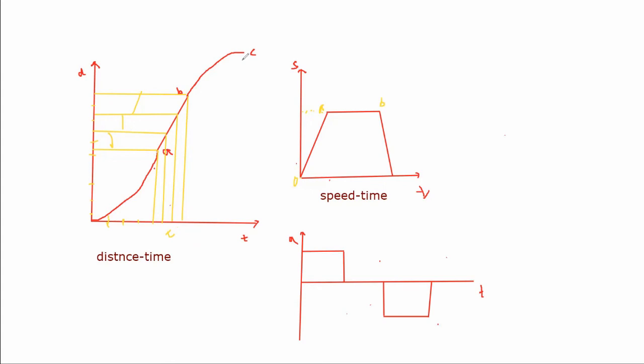So let's do that trick again with B to C. I'm going to again divide this into four parts. 1, 2, 3, and 4.